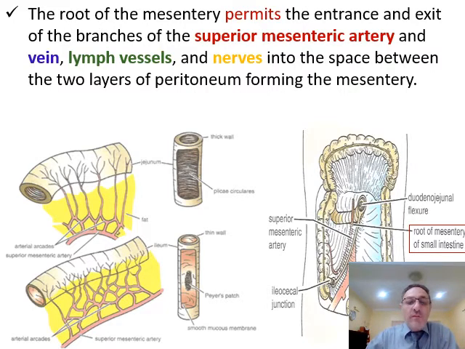So this is the root of the mesentery. The free end is attached to the jejunum and to the ileum. Here is the root of the mesentery, attached to the large intestine here, and down here to the small intestine.